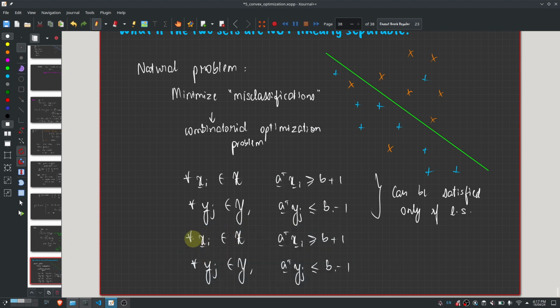For all xi, I would ideally like A transpose xi to be greater than or equal to b plus 1, but maybe I allow some offset. Maybe it's not greater than or equal to b plus 1, but b plus 1 minus some ui. For each point I give some sort of tolerance. Maybe it's not possible to satisfy these constraints, so I'll introduce new sets of variables ui plus vj.